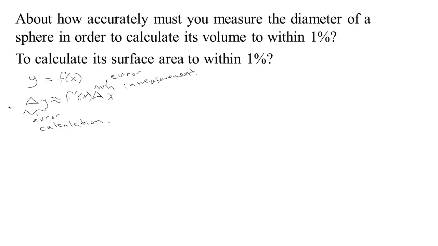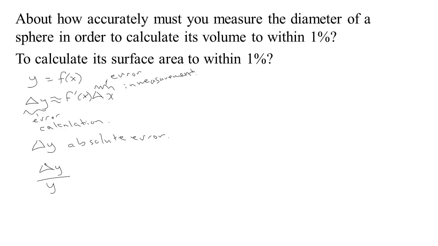So a lot of times, rather than just talking about the accuracy of the measurement in absolute terms, we ought to talk about the accuracy relative to the actual size. So instead of talking about delta y, that would be the absolute error, you might be more interested in the absolute error compared to the size of the object.